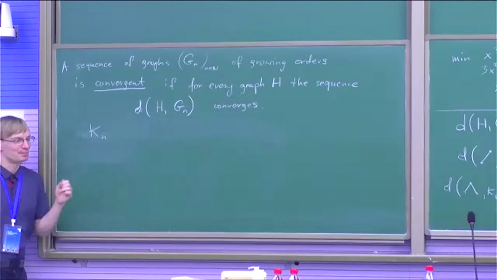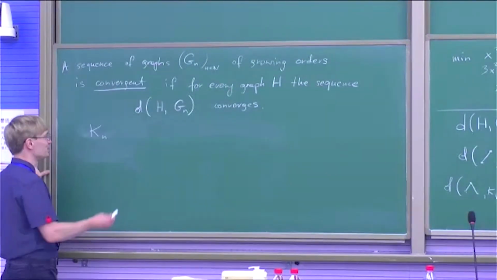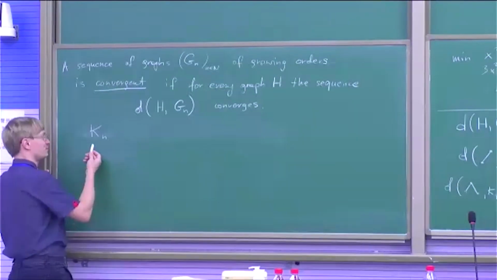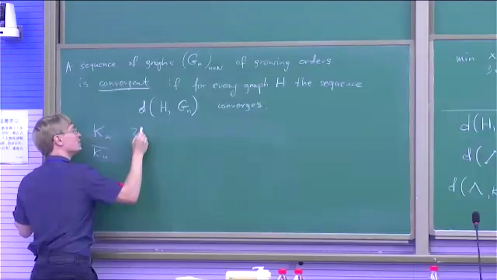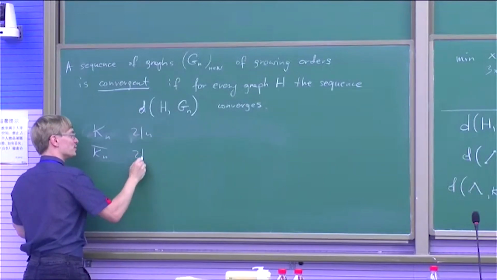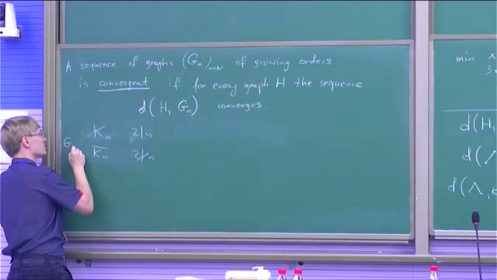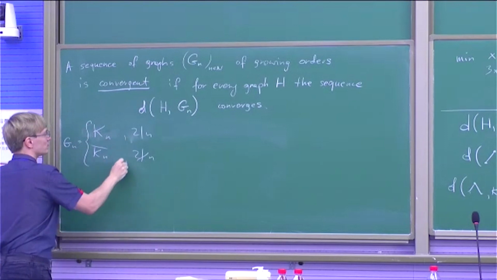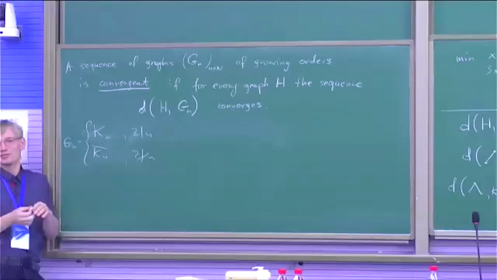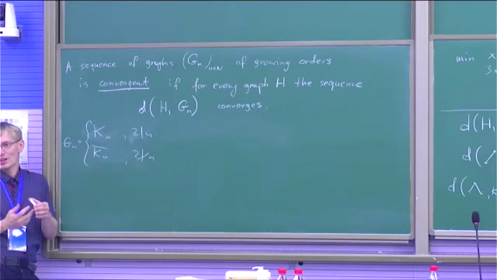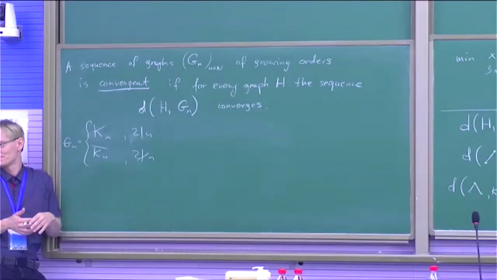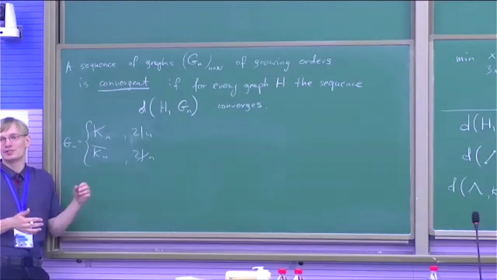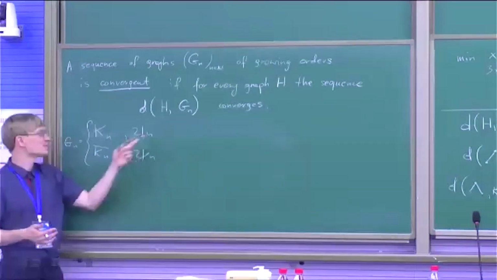Okay, so let's do a different example. Let's say that I have K_n for even n and the complement of K_n for odd n. So this is my sequence. So is this convergent? If I take any graph H, let's say an edge, then what do I have in this sequence of numbers?